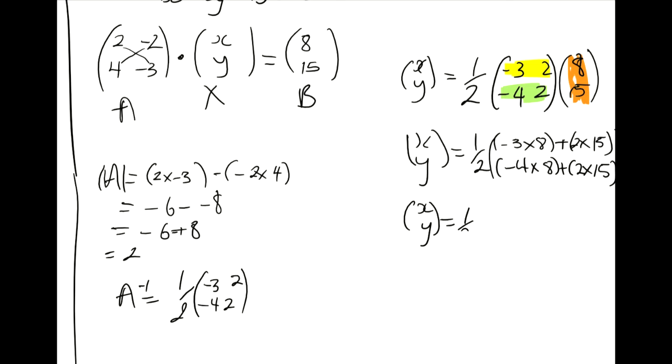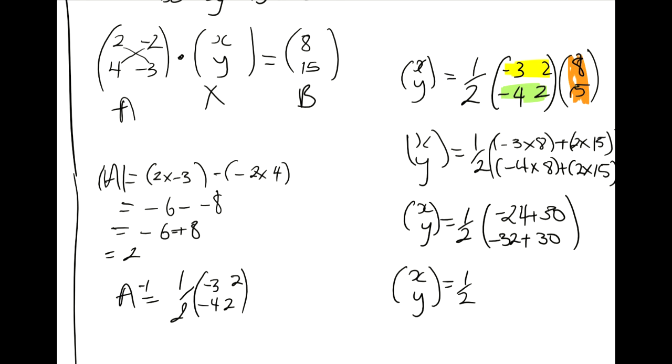So you're going to get negative 3 by 8 is negative 24, plus 2 15s are 30, and negative 4 by 8 is negative 32, plus 2 15s are 30. And then you're going to work that out. Negative 24 plus 30 is 6, and negative 32 plus 30 is negative 2.